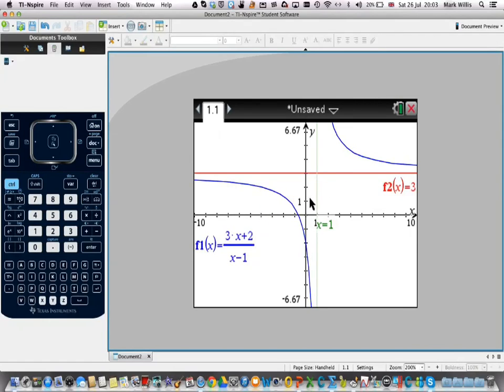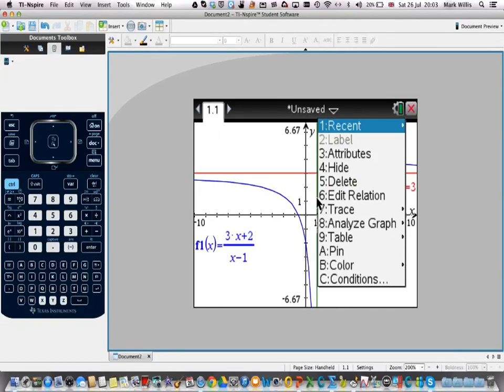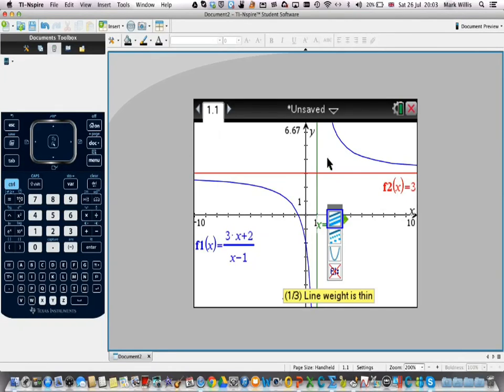Okay, and I'm going to do it again. So again, control and menu for right click. I'm going to go to number 3 this time, attributes. Scroll down, press the arrow key once and twice and press enter. That will make the line look like an asymptote. Okay, and then I'm going to go to the red one and do exactly the same thing.